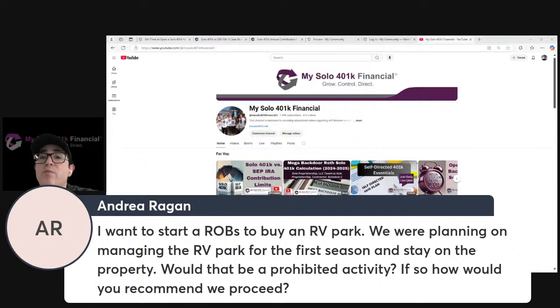So if the individual who's using their retirement money is going to work in that capacity, that's acceptable, but they would want to be certain that they don't make the RV park their legal residence. They want to be certain that they can show that that's a necessary function of the role they're serving in. They would want to demonstrate that the accommodations they had were the same type of accommodations that would be given to any employee in that capacity.